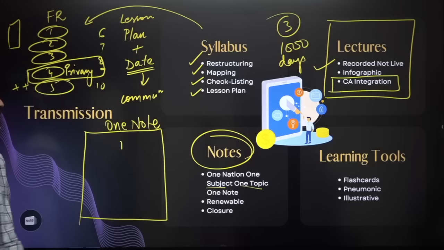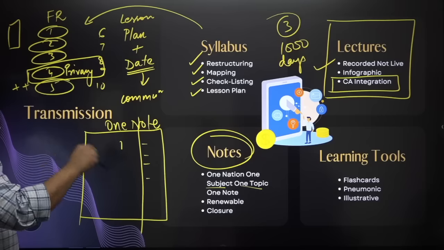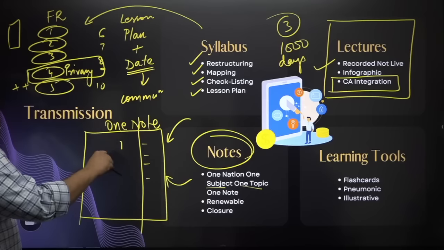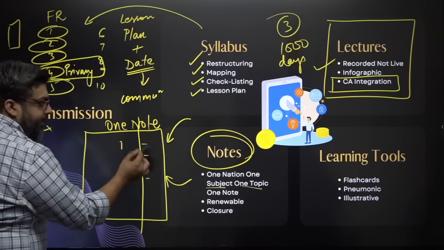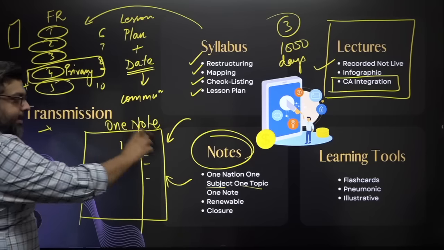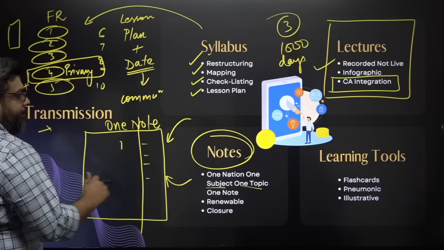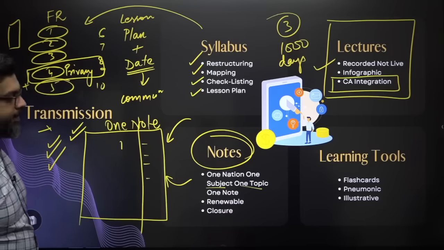It will be structured in a manner that you will be able to self-update it here. And if there are any updates, they will be made here itself. The note would be revised and you would be mentioned that this is the date the note has been revised and these are the revision changes which would be highlighted in a different format. So no matter when you pick up privacy, you will have the most updated note on privacy.